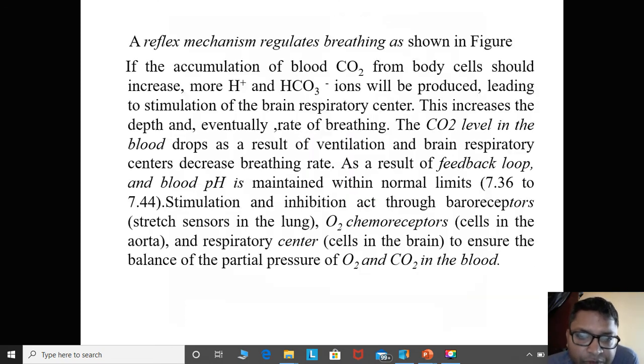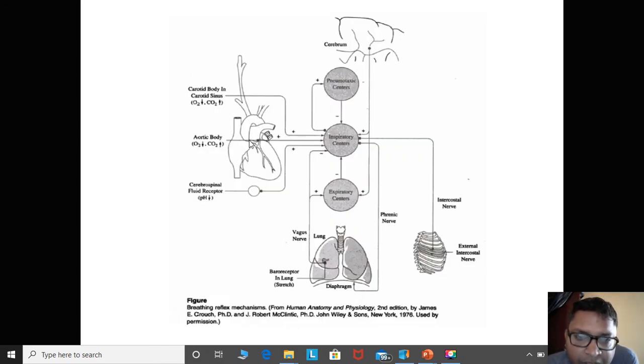If you look here, this diagram depicts the electrochemical control of the respiratory system. The cerebrum is the brain, and here you can see it is connected to the diaphragm. The diaphragm is a very important part; we have seen its role in the mechanics of breathing, and also the intercostal muscles. Whenever there is a requirement of oxygen, the signal is sent to the diaphragm through the phrenic nerve and the intercostal nerves, telling them to contract or expand according to the signal.